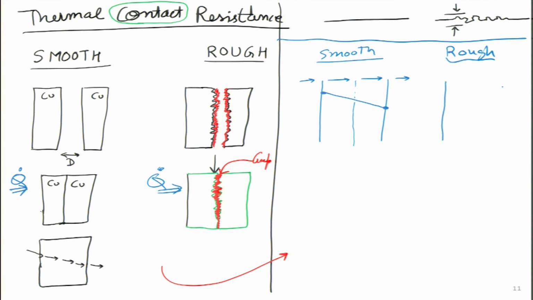But if I try to draw the same temperature profile inside the rough case, now what is going to happen is that heat transfer will take place very nicely up till this point. It is like going through a highway which has 6 lanes or 8 lanes, I can go very smoothly. But then suddenly some patch is broken on the highway, 1 kilometer of the road is very bad. There all the traffic will be very slow.